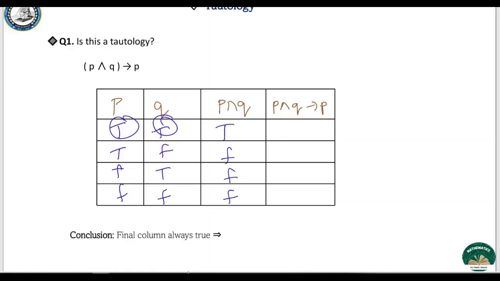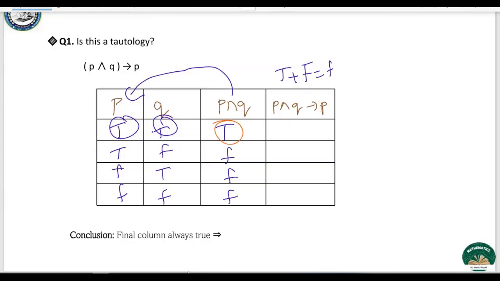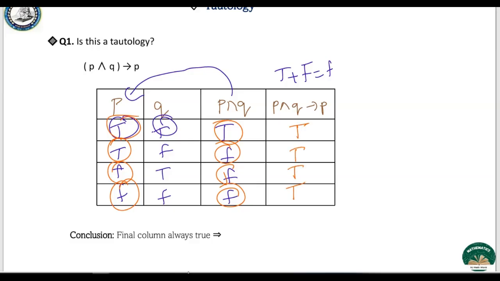Then we have to check this against the first column for implication. Implication means T followed by F will give you F. So we check T and F: no, no, no, no. If there is none, the remaining all will be T. And if all the values are T, it is a tautology.